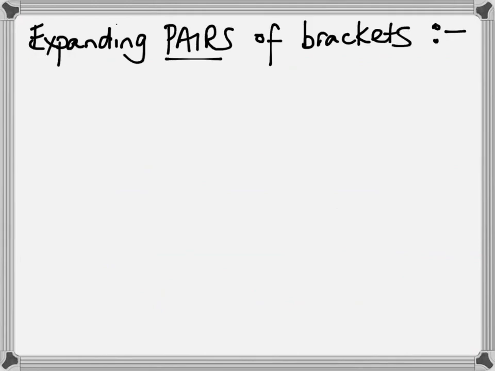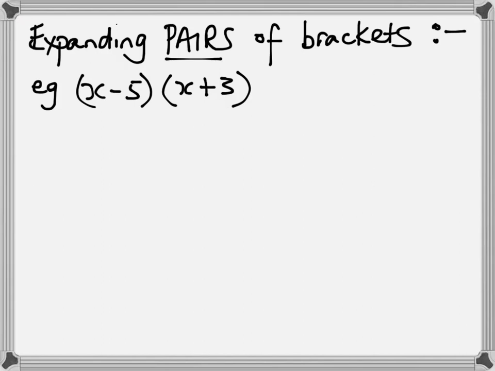Now, expanded in pairs of brackets. What do they mean by that? Well, I know what that means. It means that x plus 3 term in the second bracket is multiplied by both of the terms in the first bracket. So I'll put my pluses in.